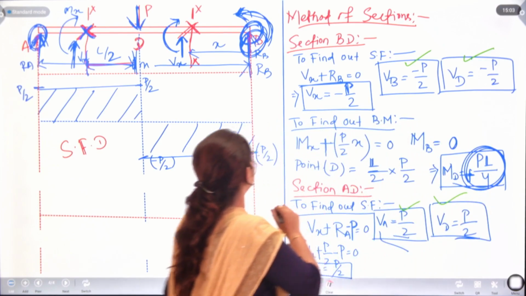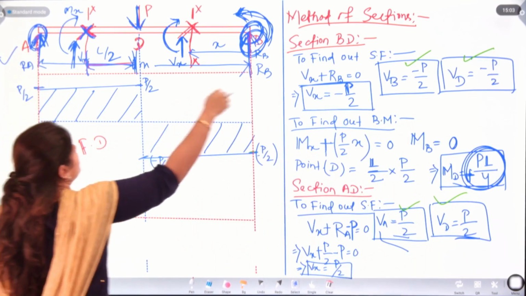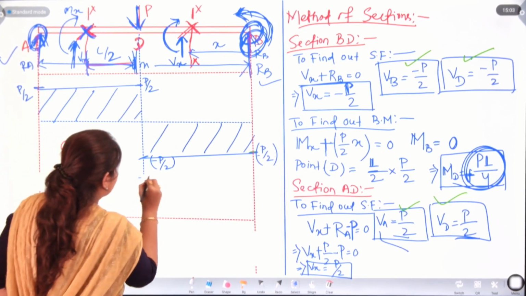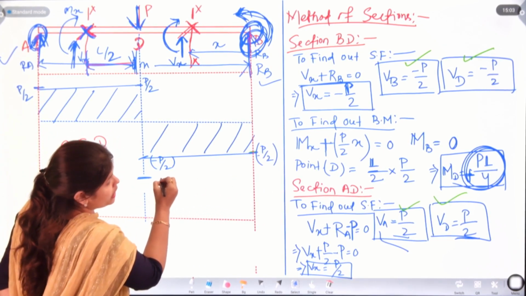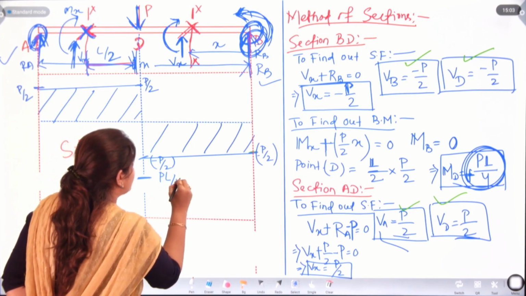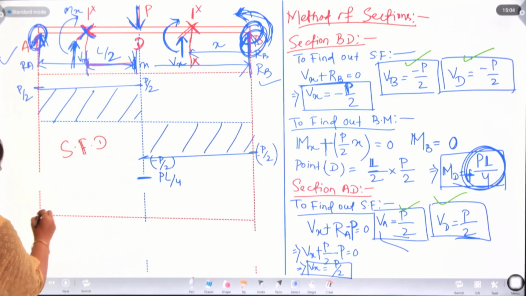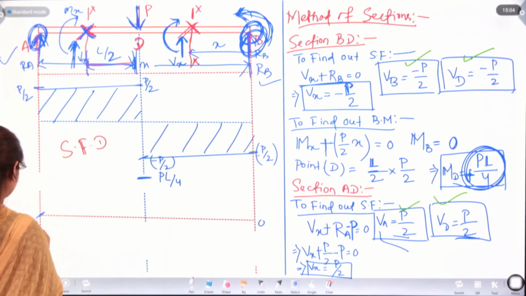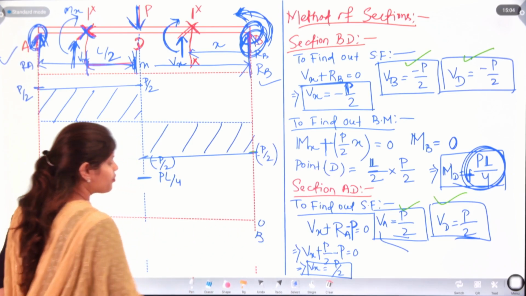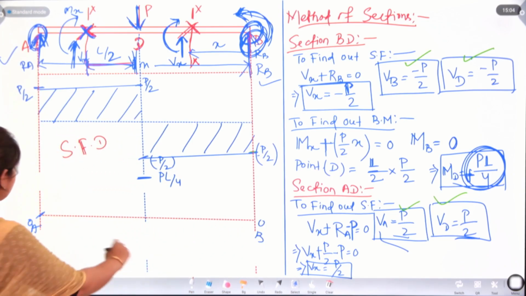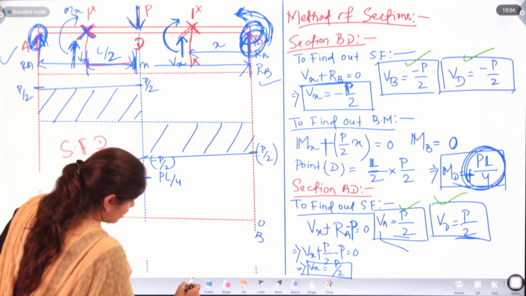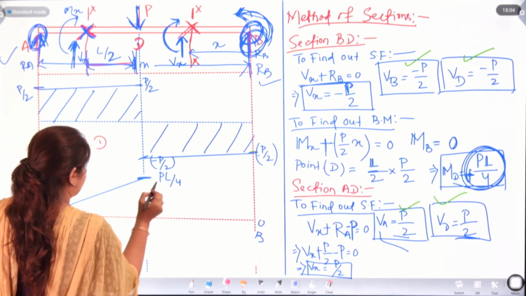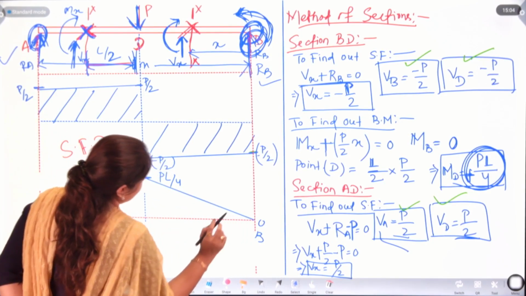And the moment at points A and B is 0. So the value will be here, that is PL by 4, and here 0 and 0. So the bending moment diagram is going to be like this.